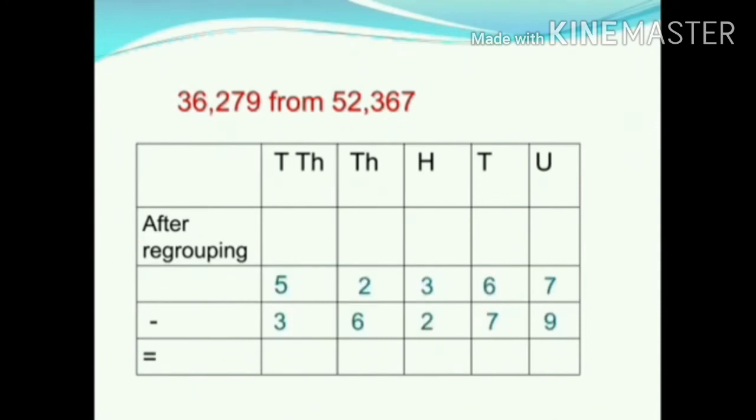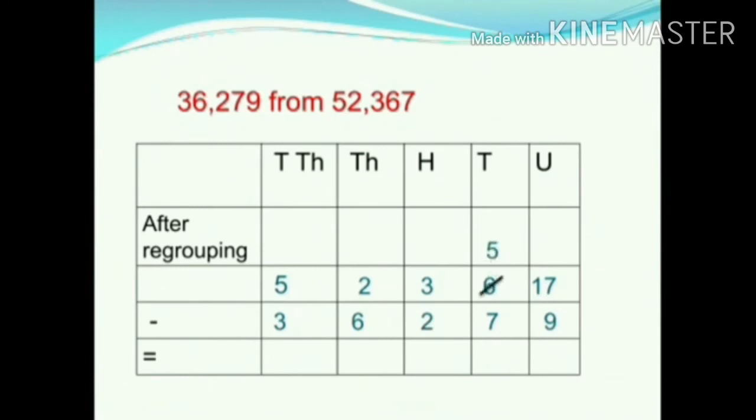In units place, minuend is 7 and subtrahend is 9. 7 is smaller than 9. 9 cannot be subtracted from 7. So borrow 1 ten from the tens place. So units place can be written as 10 units plus 7 units equals 17 units. After borrowing 1 ten to units place, tens place is left with 5 tens.